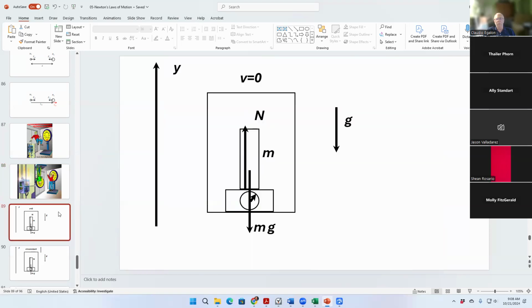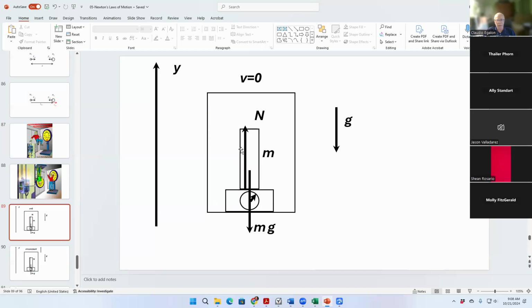So here you go. Here again is our elevator, but now the elevator is at rest. Our test subject has mass m, and here at the top of the scale, okay? What do you do to solve this problem? We have to recognize all the forces being applied to the test subject.